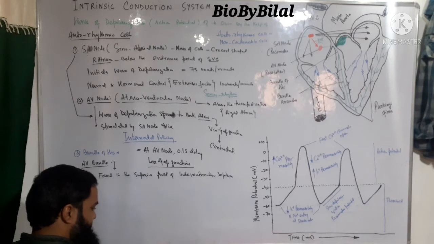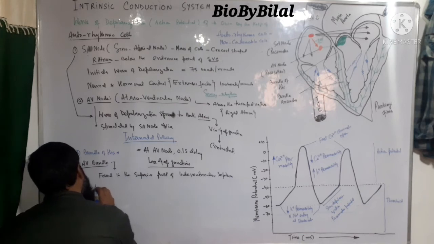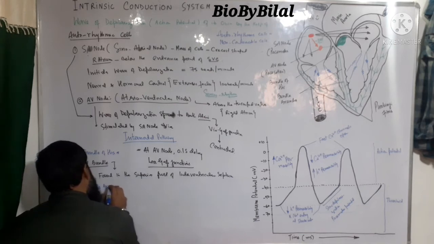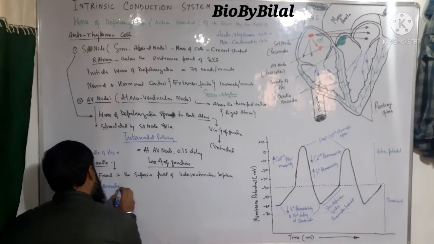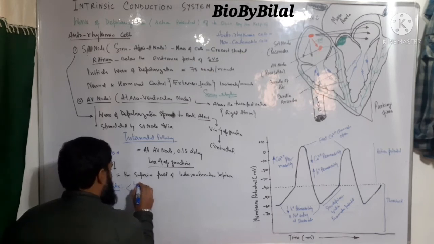Then it bifurcates into two branches. So the fourth point is the bundle branches. Bundle branches are two, left and right.